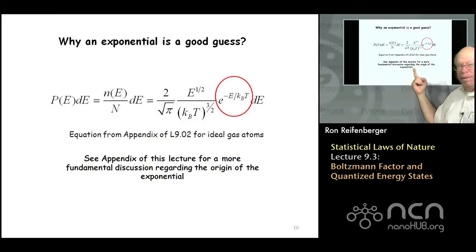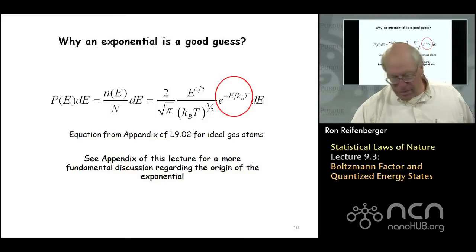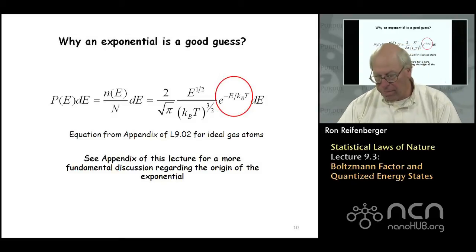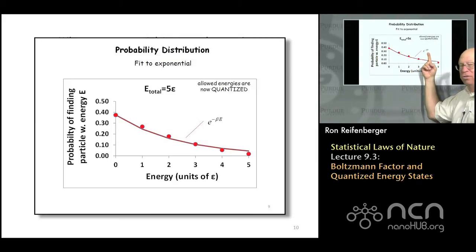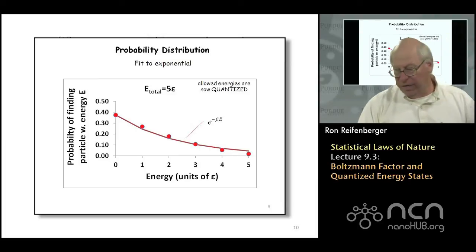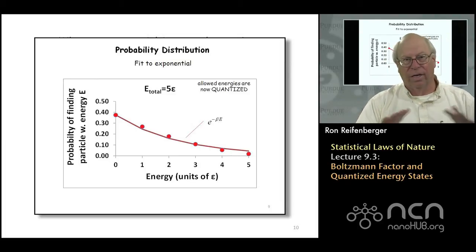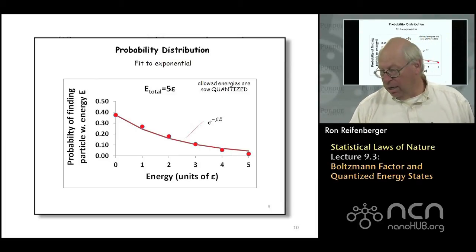I also have an appendix at the end of this lecture where I independently get this exponential factor out based on very general arguments. So if you're curious, you can look at that. But the bottom line is the probability varies exponentially with energy, for very general reasons. It's actually a universal law.